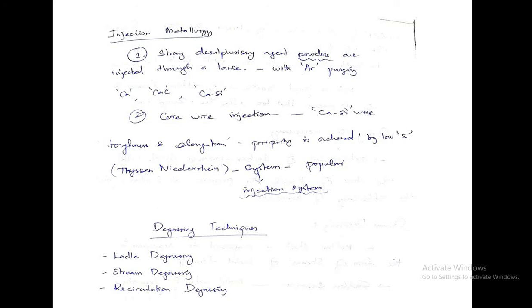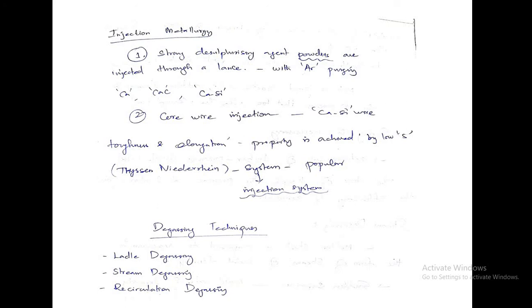So mainly we add desulfurizing agents like powders, which are injected through wires, calcium in the form of calcium carbide or calcium silicon, right? So in this way we add calcium powders for the removal of sulfur.